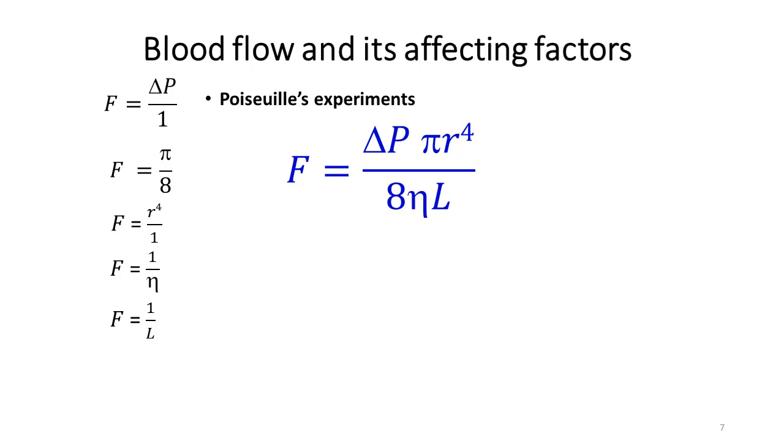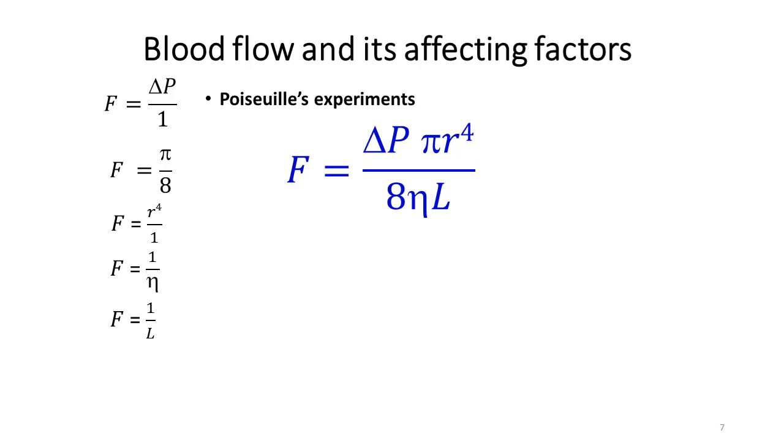So this shows a little increase or decrease of the radius has a great effect on the blood flow. So changes of the radius a little can increase or decrease the blood flow largely.